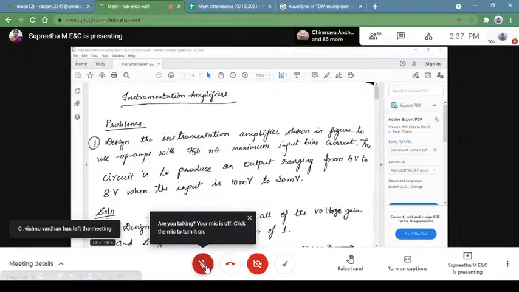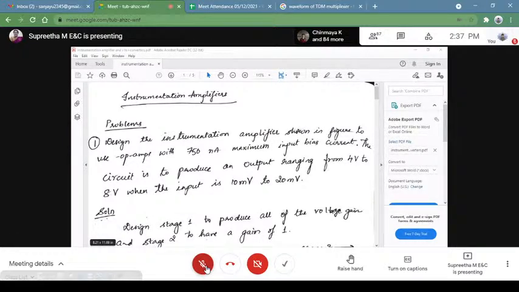Okay. And now my question is, so we said that R2 is nothing but V1 minimum by I2 minimum. What is V1 min? 10 millivolts, and I2 min is 75 microamps. So what is the resistance value you get? 133 ohms.